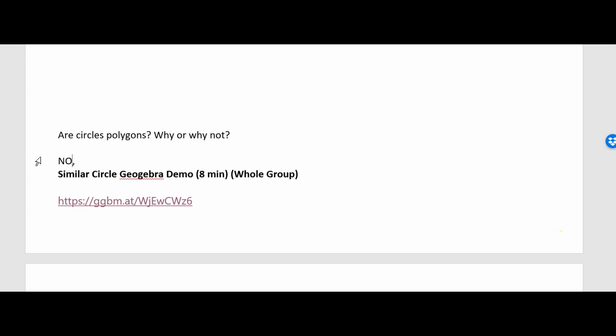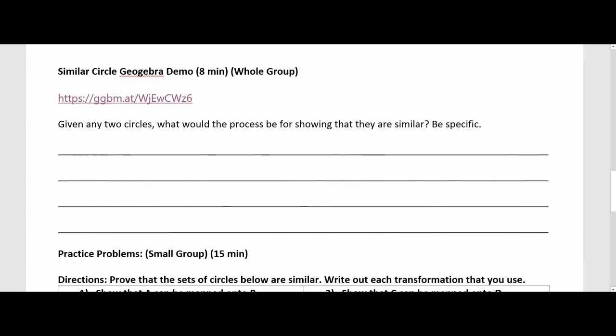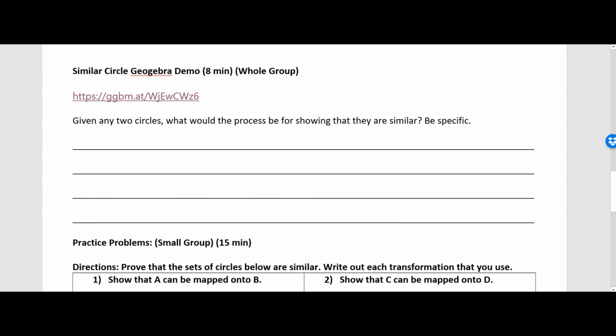So no, circles are not polygons because they are made up of a curve rather than segments. Nonetheless, we still can prove that circles are similar.